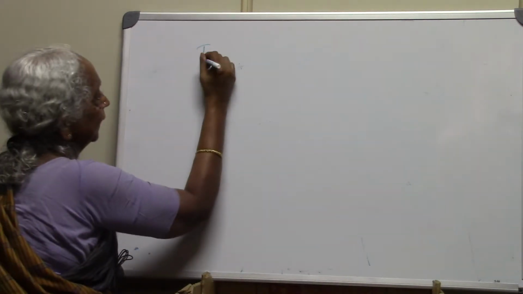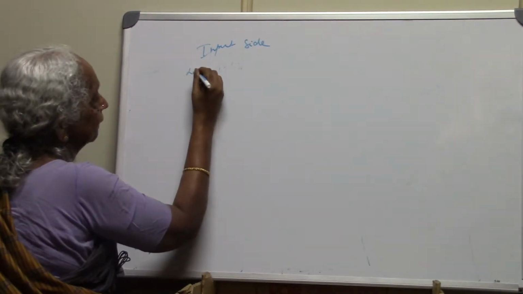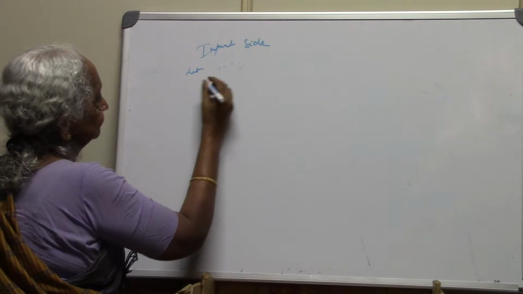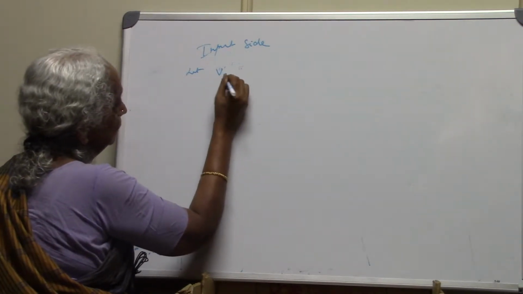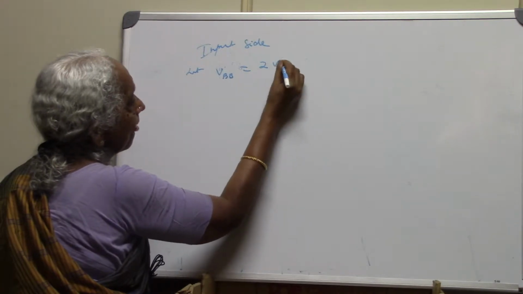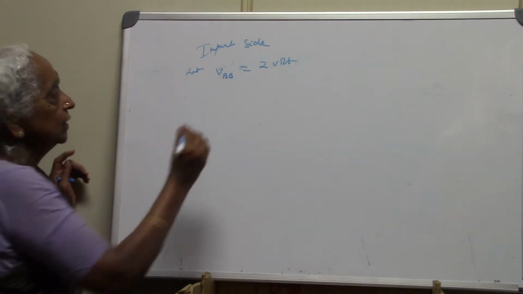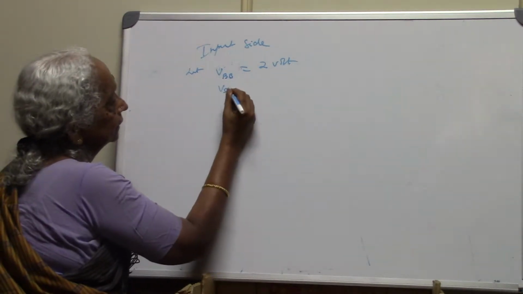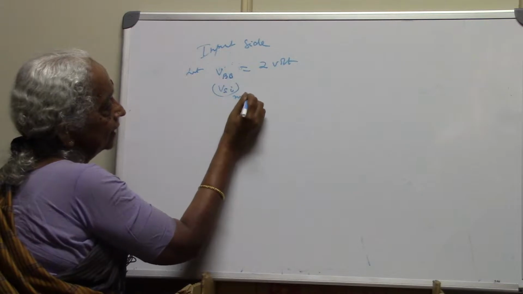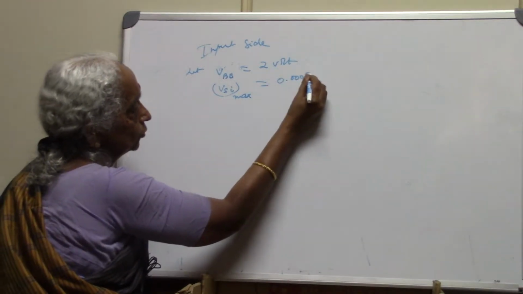So on the input side, let VBB be equal to 2 volt. That is not going to become negative at all, mind you. And then on the input side, the signal that is fed, the maximum value is 0.0002 volt.